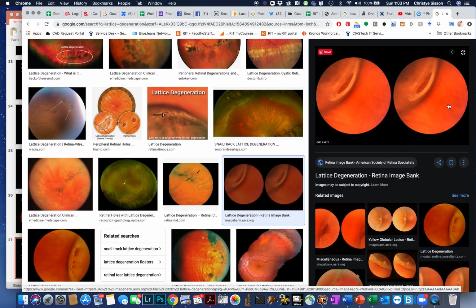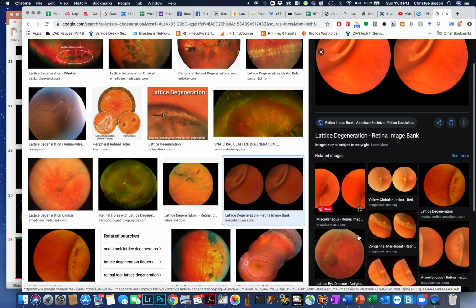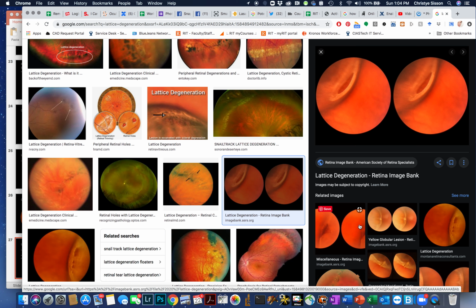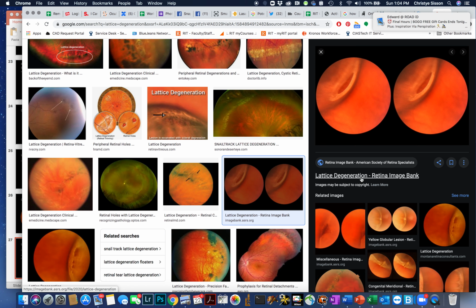And there are many examples. So if you just Google lattice degeneration, there are many examples. This is a fantastic stereo pair of lattice with a retinal hole, a retinal tear. There are several stereos within this particular resource, the Retina Image Bank, American Society of Retinal Specialists.